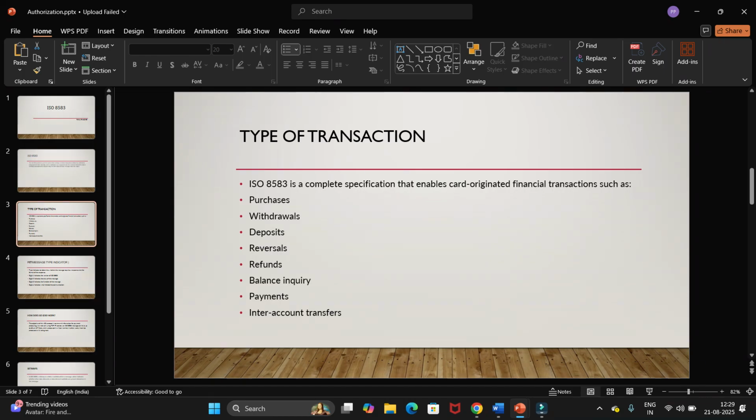So, which types of transactions can we do using it? It is used for purchase transactions, cash withdrawal, deposit, reversal, fund transfer, balance inquiry, payment, or inter-account transfer. These are the types of transactions.